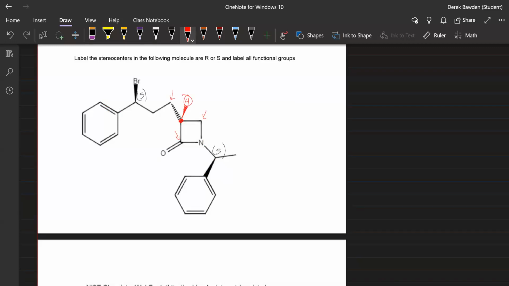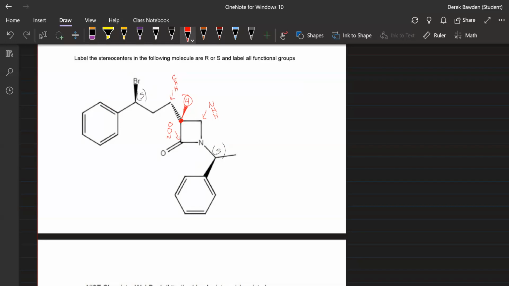So let's write our 3-letter codes. This far right one is bonded to nitrogen and 2 hydrogens. The bottom left carbon is bonded to 2 oxygens and a nitrogen. And the top one is bonded to carbon, hydrogen, hydrogen.